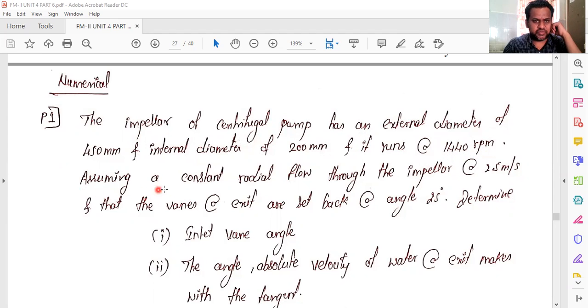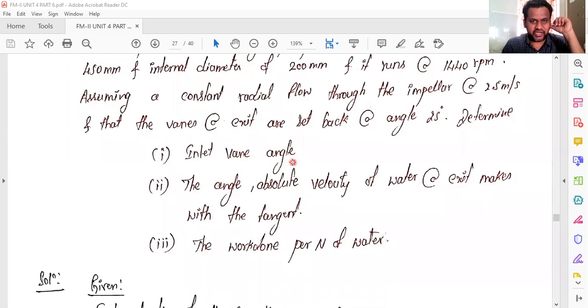Assuming a constant radial flow through the impeller at 2.5 meter per second, and that the vanes at exit are set back at an angle of 25 degrees. Determine the inlet vane angle. The second one is the angle the absolute velocity of water at exit makes with the tangent. And the third one is the work done per Newton of water. So this is the first question.